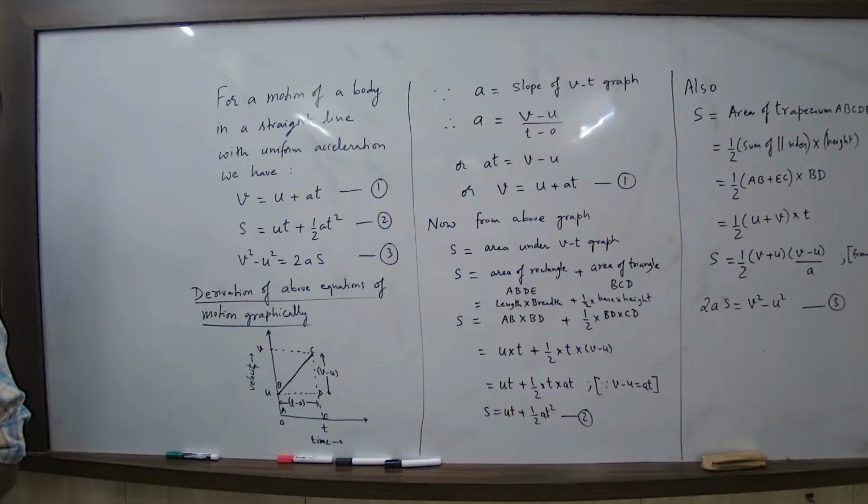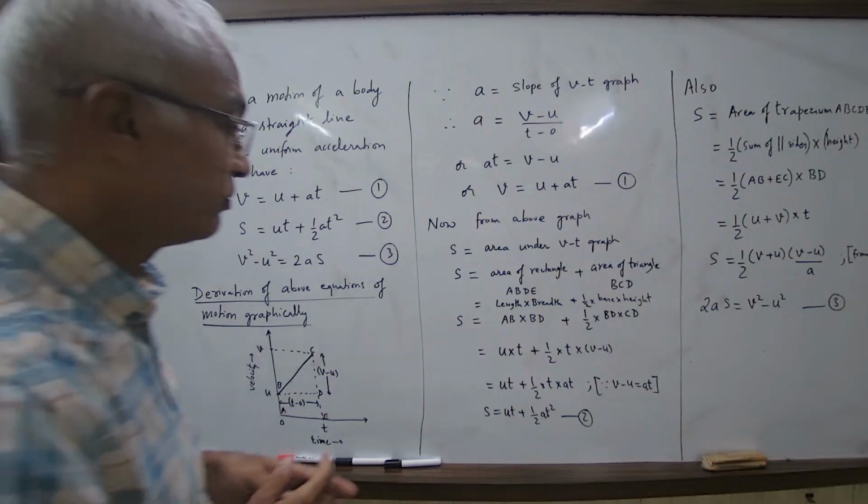Draw a velocity-time graph for the free fall of a body under gravity, starting from rest. Take g equal to 10 meters per second square. So during free fall, what will happen?